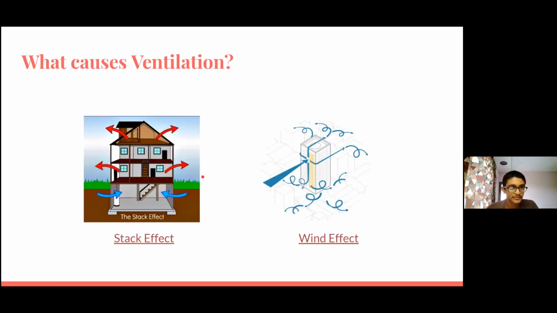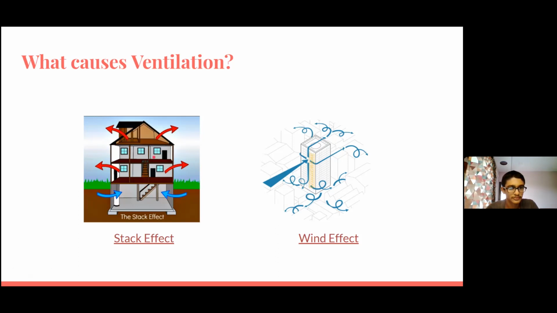Moving on, what causes natural ventilation? There are two driving phenomena that cause natural ventilation: the stack effect and the wind effect. The stack effect, as we all are familiar in simple terms, is like the buoyancy effect, where hot air rises and cold air rushes to take its place. That phenomenon is exploited by engineers to establish a series of currents within a building or a space to ensure thermal comfort for its residents.